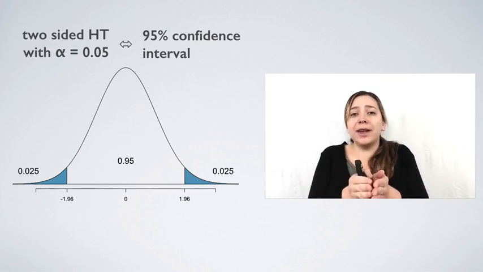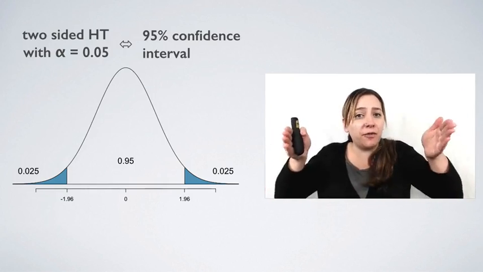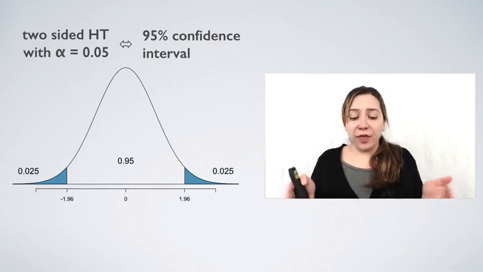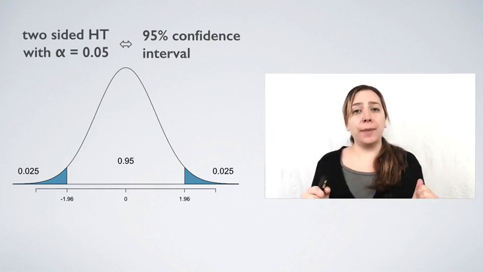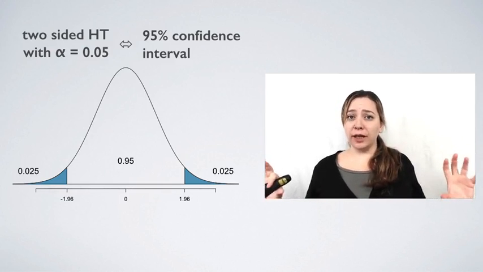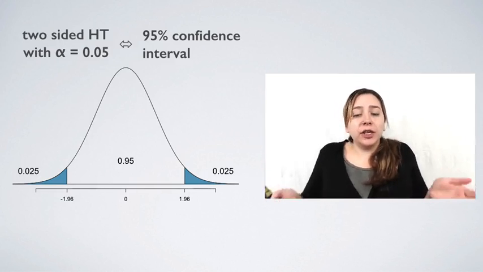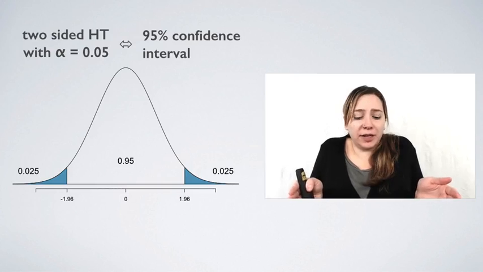So if you're thinking about a 95% confidence level, we're interested in the middle 95% of the normal curve. Therefore, a two-sided hypothesis test with alpha equals 0.05, where the two tail areas add up to 0.05, is indeed going to be equivalent to a 95% confidence interval.